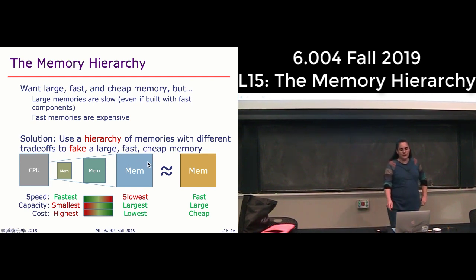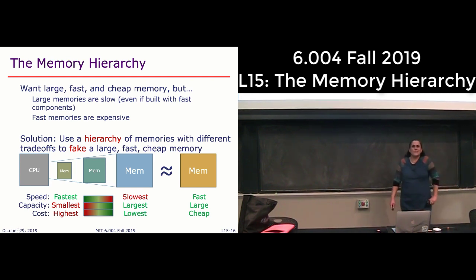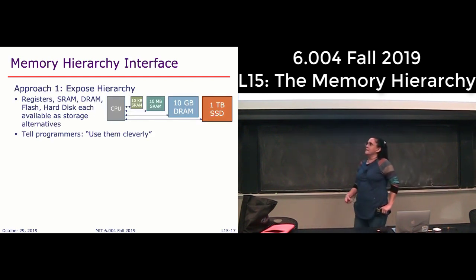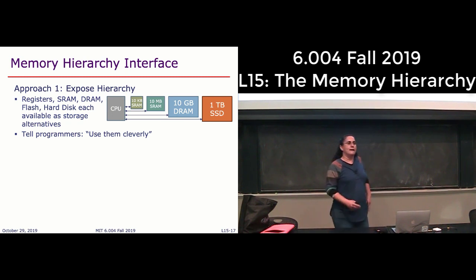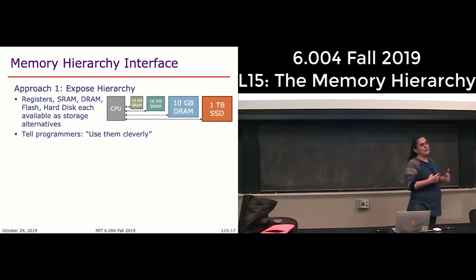If you put all of those together, the idea is that we want it to look to the processor as if I have a very large and fast memory. So how do I go about doing that? Well, the first thing we're going to talk about is how we are going to make use of this hierarchy of memories.